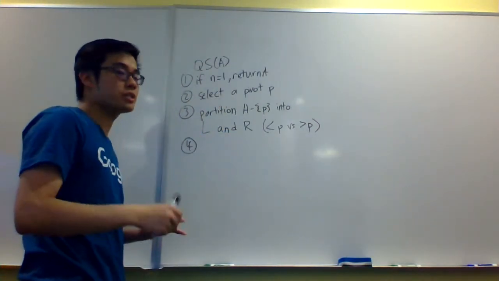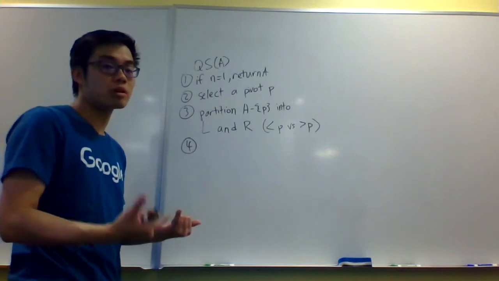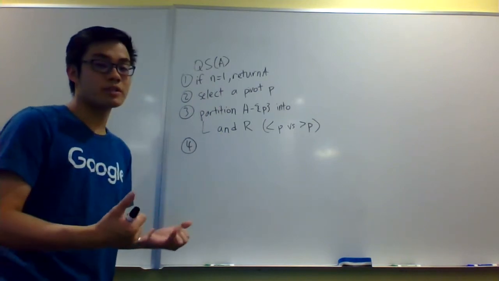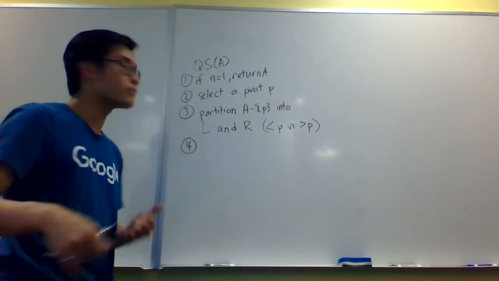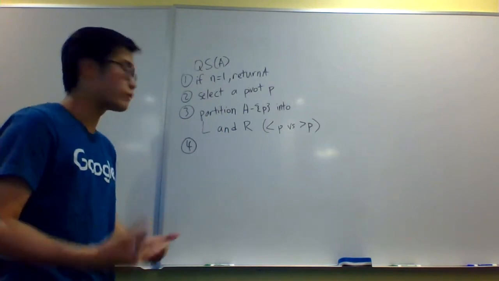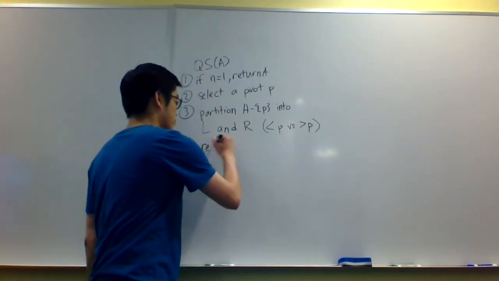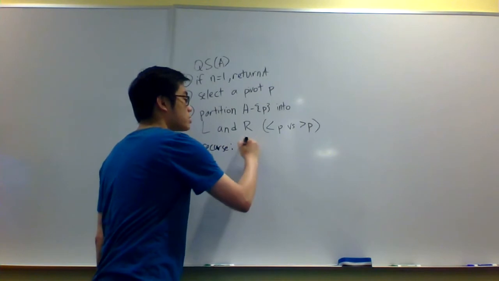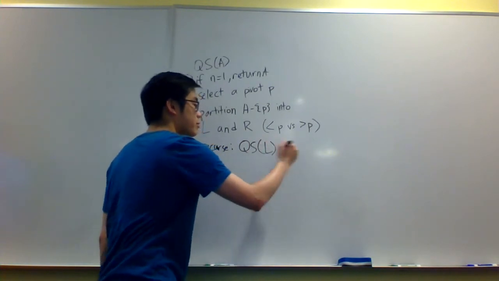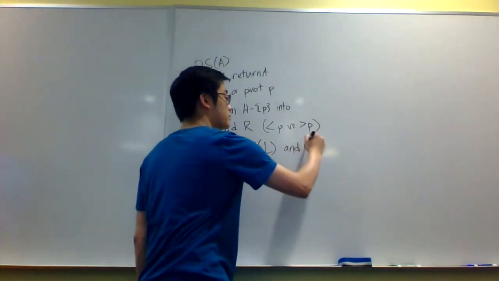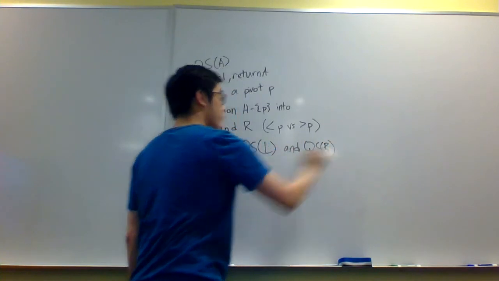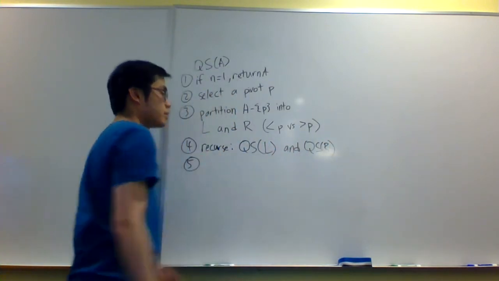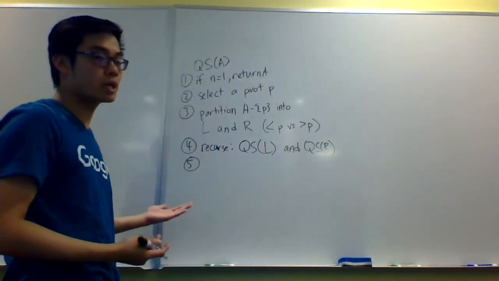After we've partitioned A into two parts, we have two smaller subarrays. So since this is a recursive algorithm, next step is pretty straightforward. We want to recurse. So we'll do Quicksort on the left subarray and on the right. And finally, again, pretty straightforward for a recursive algorithm.